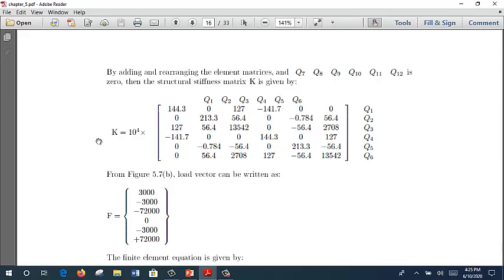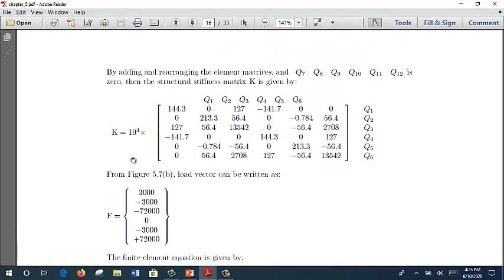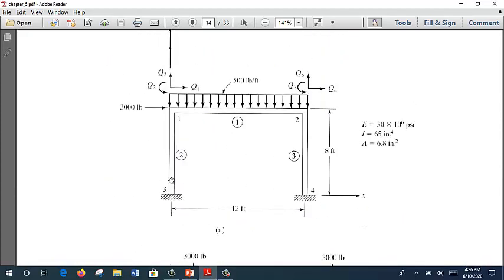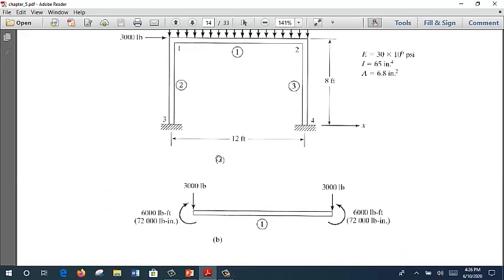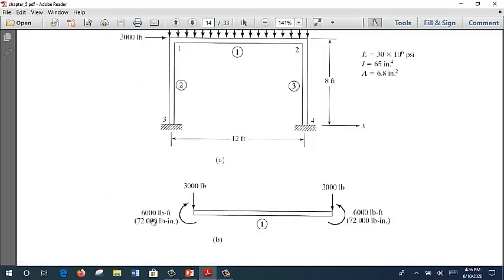From that, when you get your K, you have your F, right? If you still remember, you get this one from this. You calculated this, so you have your F1, F2, F3, and the same goes with the others.